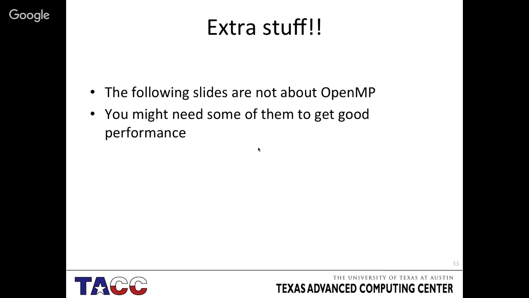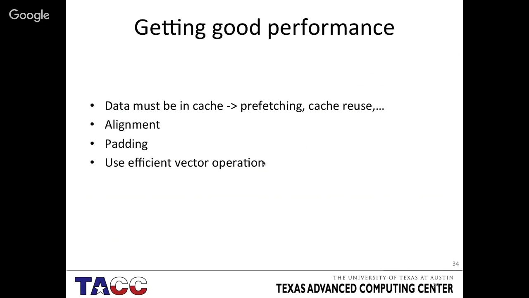There's some extra stuff that we'd like to go through that's not just about OpenMP, but might be important in terms of optimization in code, and that is being able to prefetch things to put them in the cache before they're actually needed, so you don't have to wait for them in a loop.